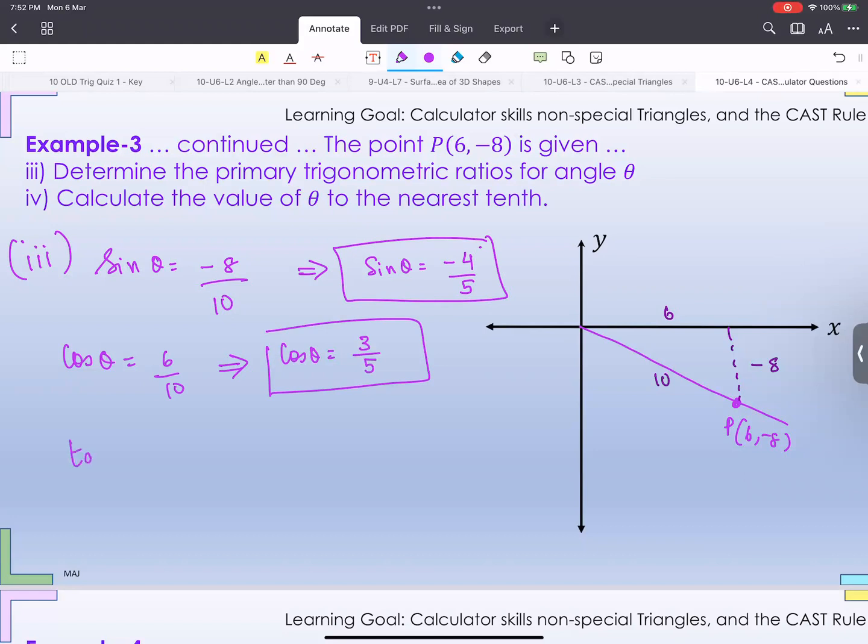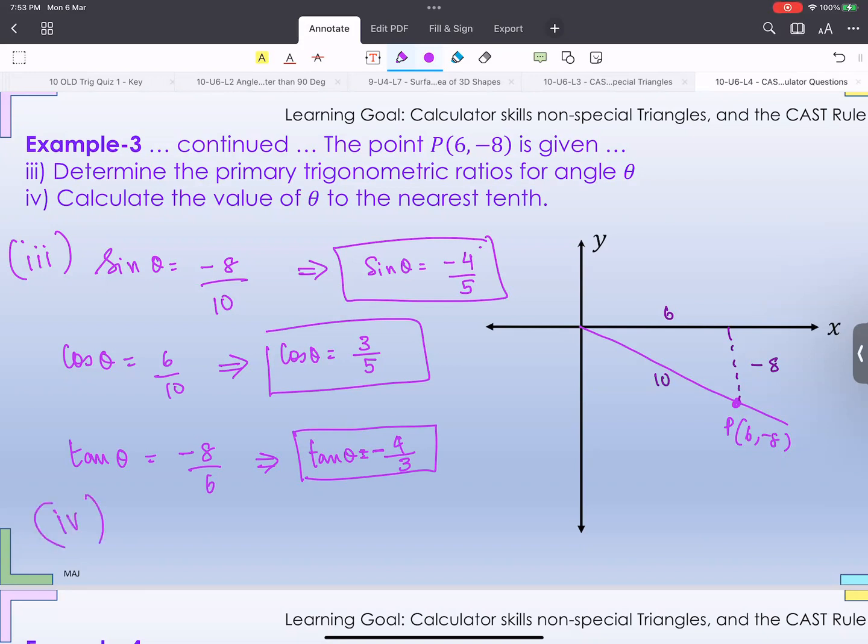And tan theta is opposite over adjacent, so negative 8 over 6, which is negative 4 over 3. So we have our primary trigonometric ratios set up.